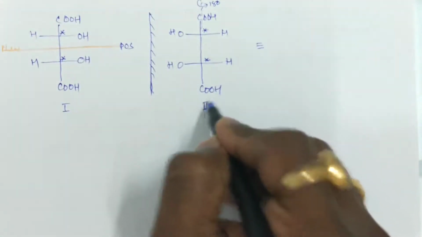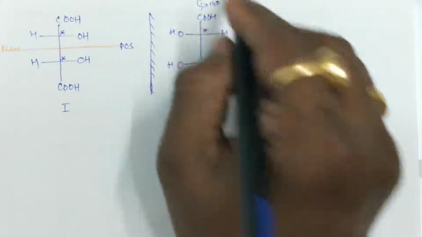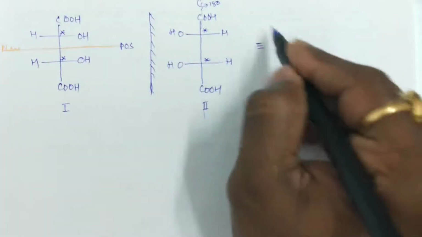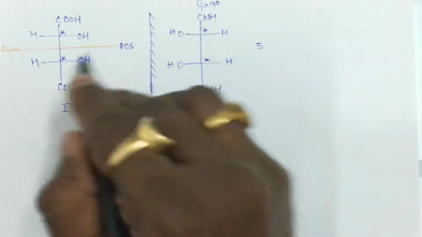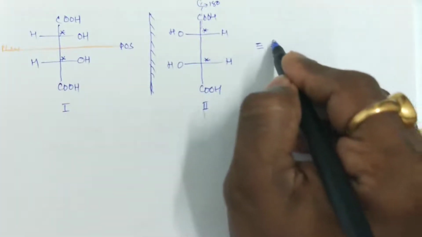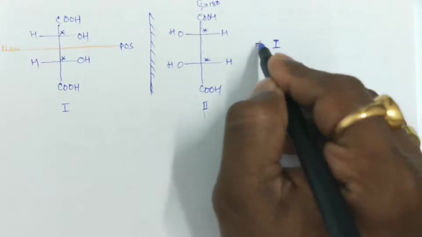So this is the second, and after rotation by 180 degrees, you will get the same structure as this.